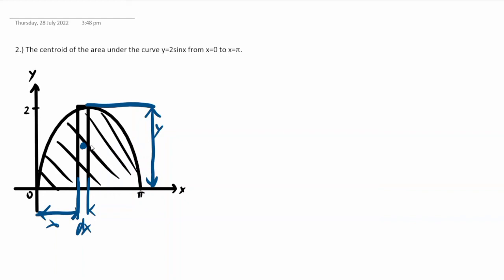Now for the centroid, the distance of the center to the x-axis is y over 2, since it is at the center of the strip, and the distance from the center to the y-axis is our xc. And this is our yc, that is equals to y over 2.